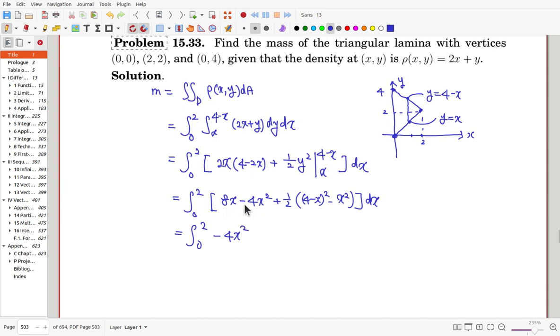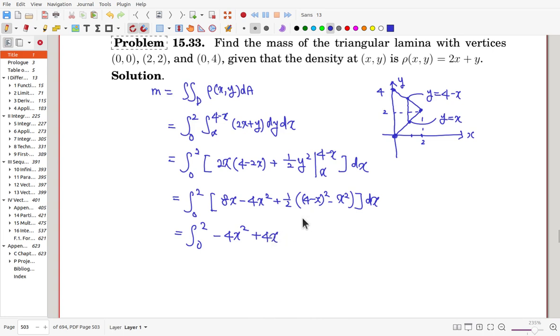For x terms, we have 8x, and minus 8x half is minus 4x, so that is now plus 4x.